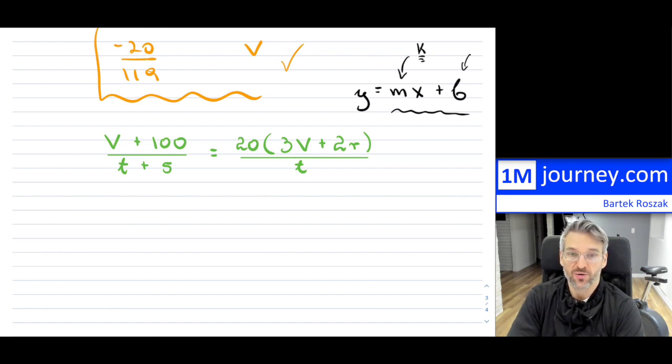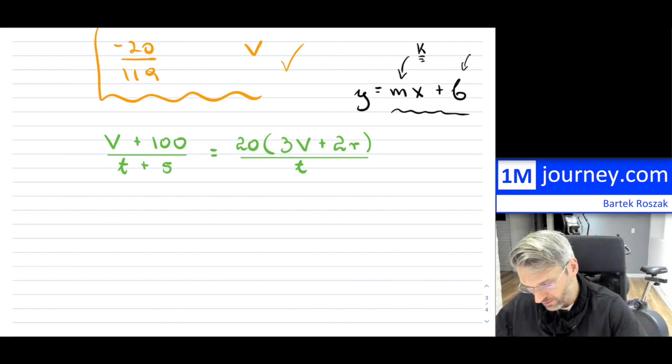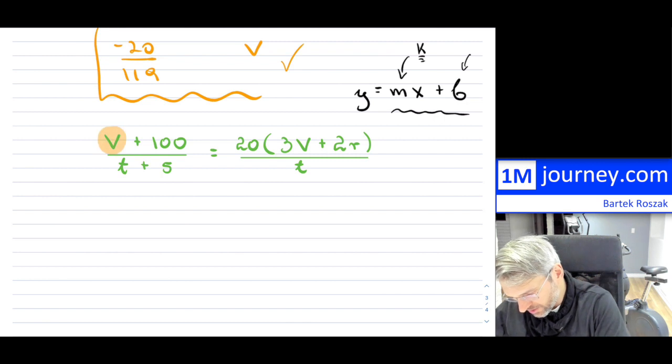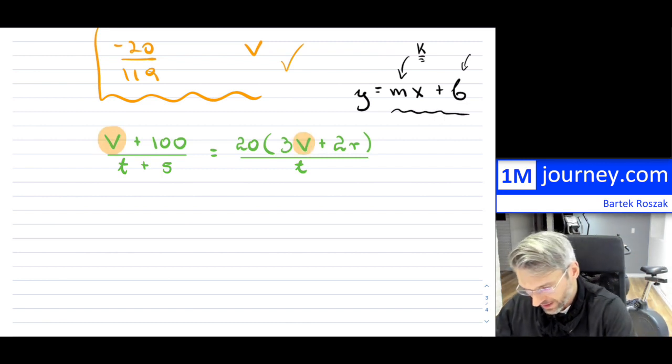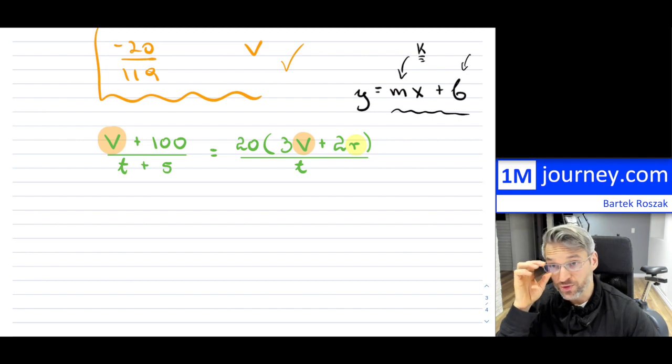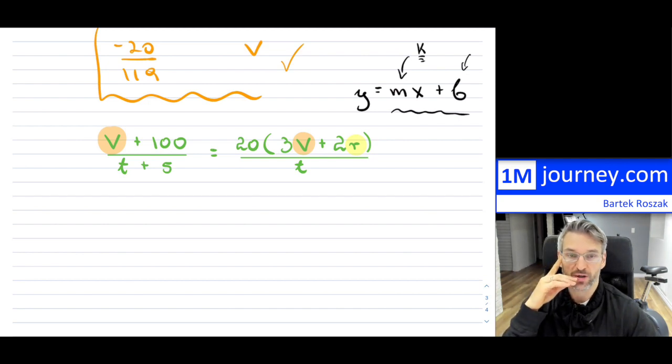Because they want the v and r relationship, I'm going to take v, for instance, right here, and then I have my r, which is right here, and I'm going to call them y and x. Then I'm just going to solve for y. The relationship between the two doesn't really matter, which one you call y, which one you call x.